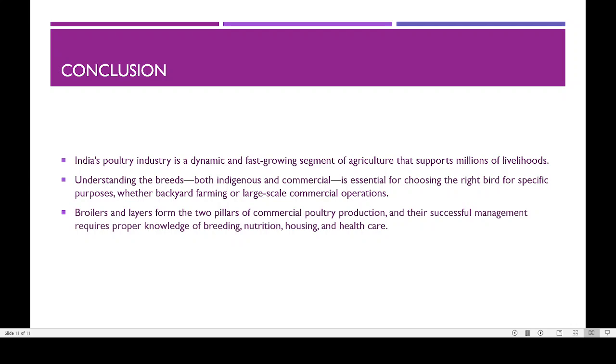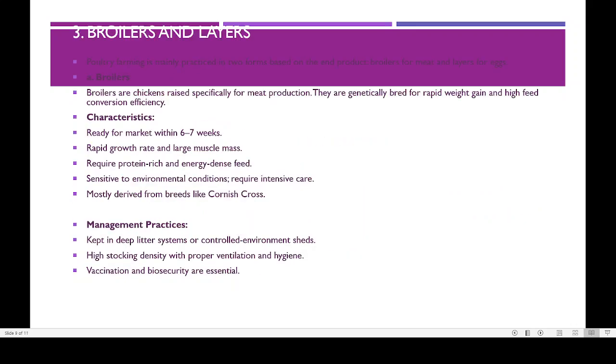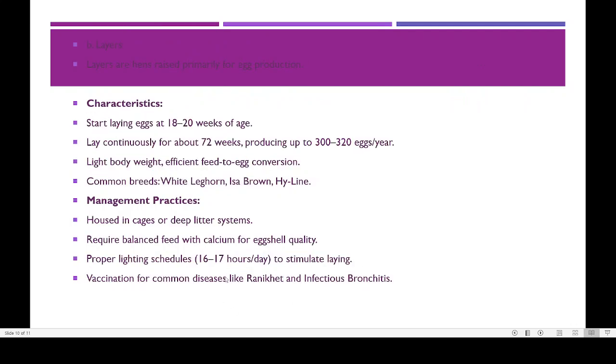So what is our purpose? Whether we want eggs, we have to select that kind of breed, or if we want to produce meat, we have to go for Cornish cross type of chicken. So this is a preliminary idea about our topic, and in our next class we will go into other aspects of this topic.